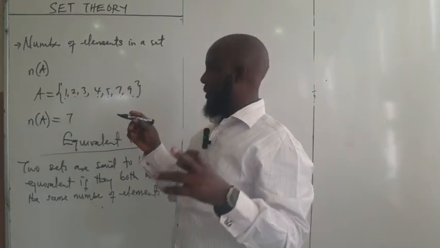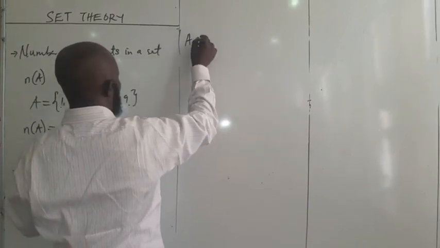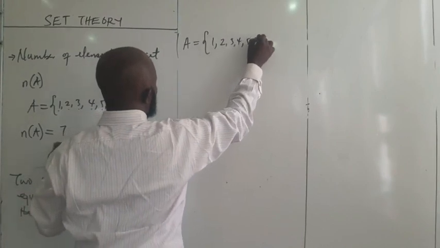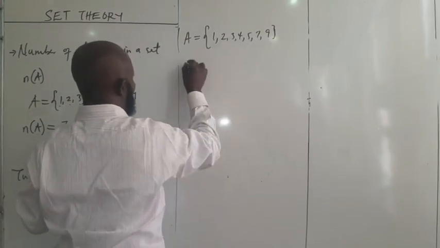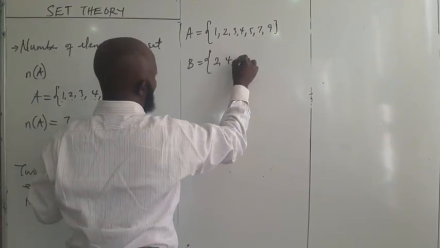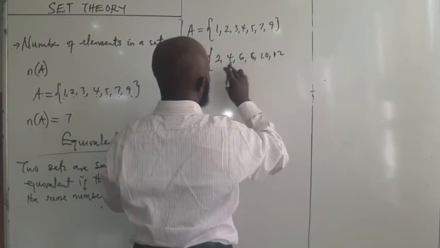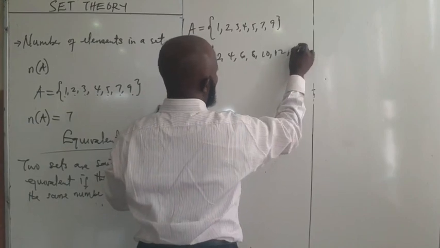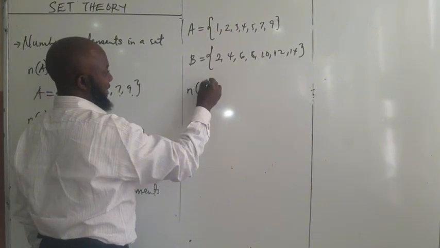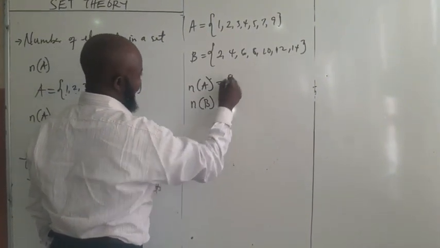Please get this right. So let me give you an instance. We have A as we have it here, A is equal to 1, 2, 3, 4, 5, 7, 9. So we now have another set B, which is 2, 4, 6, 8, 10, 12, and then 14. So you notice that the number of elements in set A is 7, and in set B is also 7.